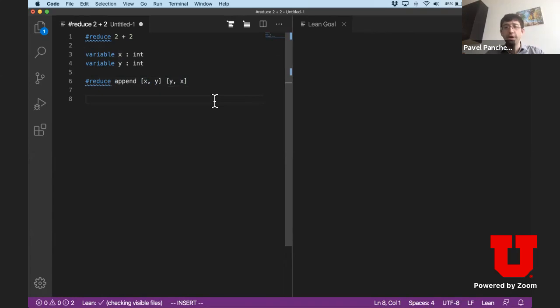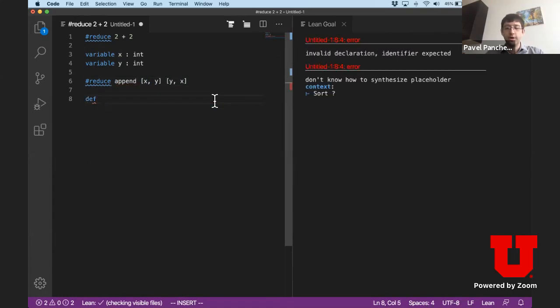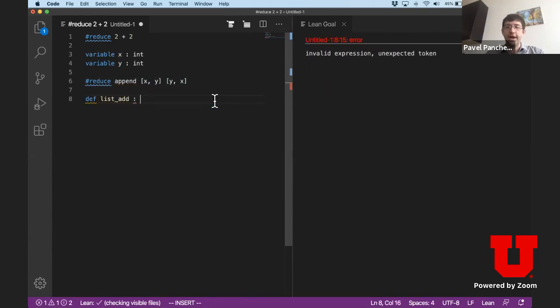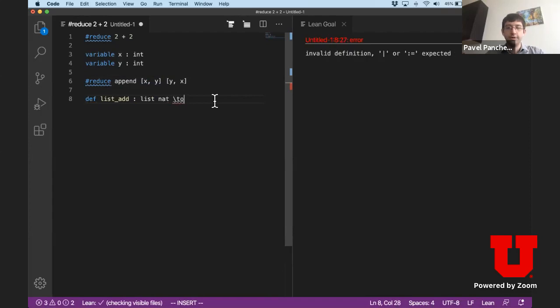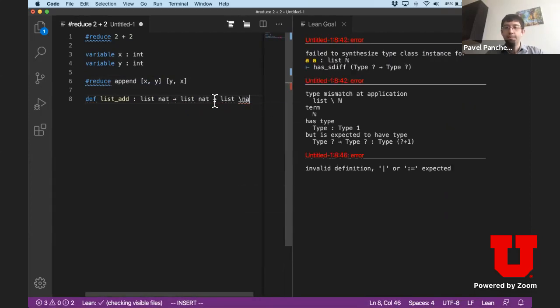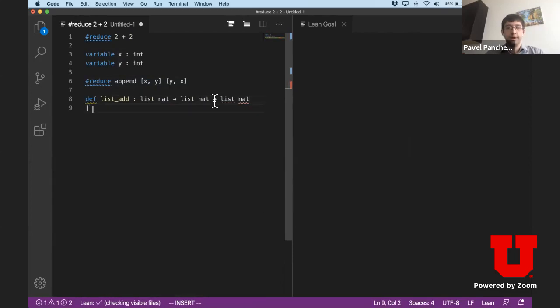And we can also go ahead and write a function, like list add. So I'm going to write list add to take 2 lists of natural numbers and add them point by point. And I'm going to define it by saying if I add an empty list to anything, I get the empty list.